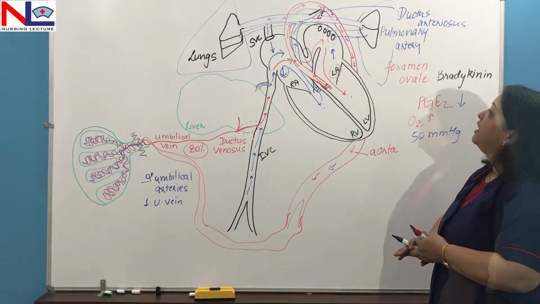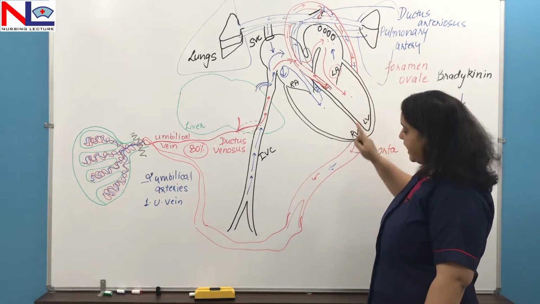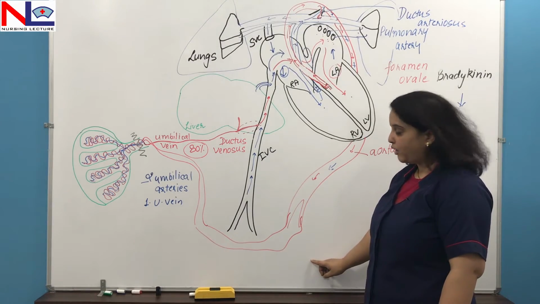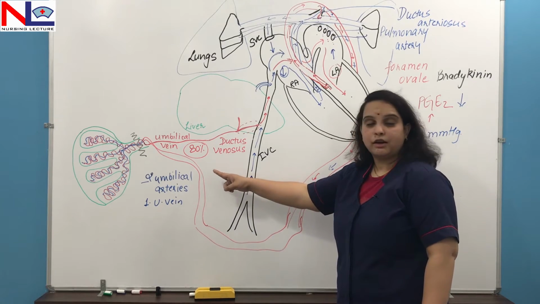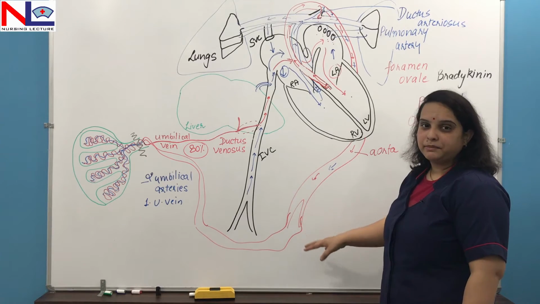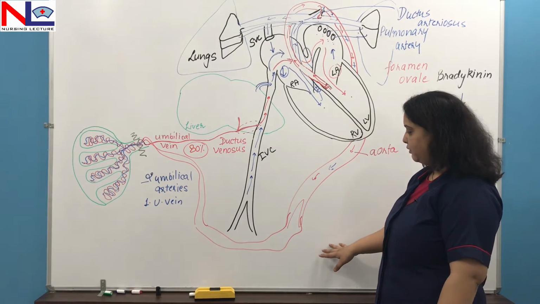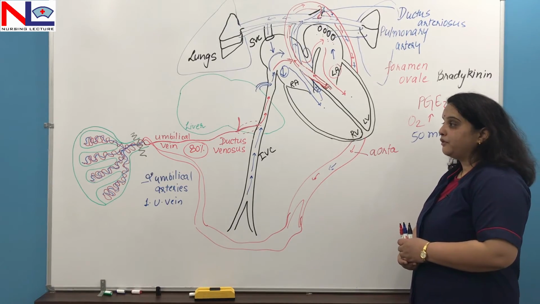Okay, and the last thing is that once the blood flows in this aorta and comes down in the lower part of the body, it does not go back into the arteries because they are now cut down. So all of the blood will go down and supply the lower part of the body. Okay, so these are the changes which took place after the birth of the baby.